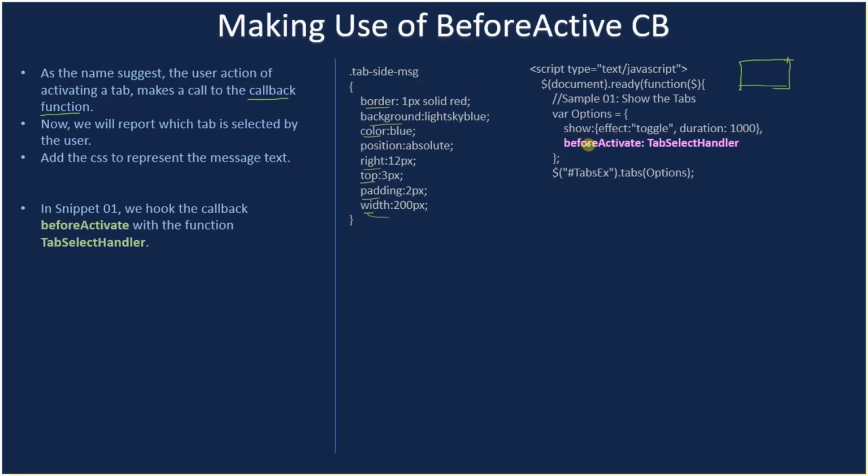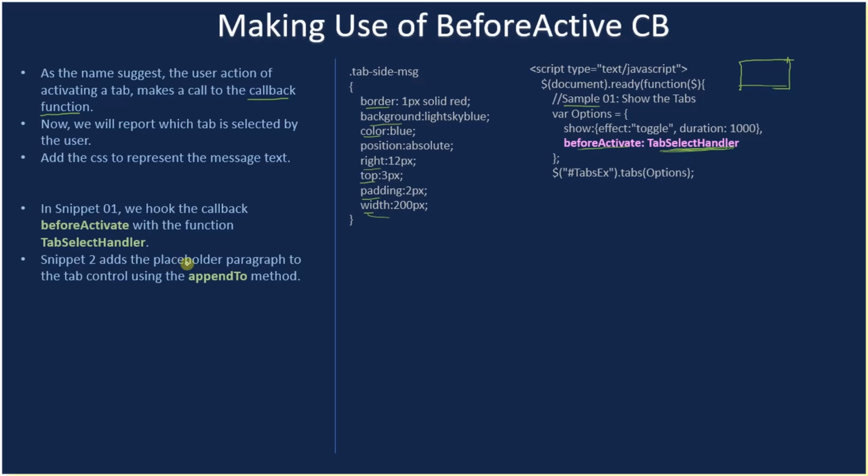Here in the action itself, we are making use of the BeforeActivate callback property, and here we are giving the function signature, tab select handler. After that, here we are creating our tab using this action. So that's about snippet 1.